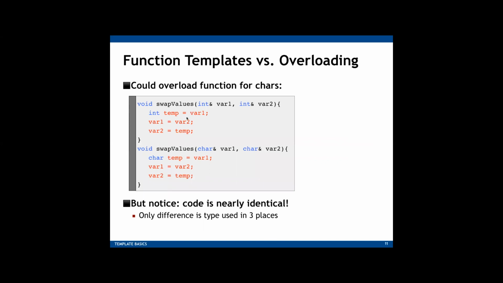If you look at these two overloaded functions, this function is dealing with int type arguments, and this function is dealing with character type arguments. We understand that it is good that we could use the swap values function for both int and character type values, as explained in the previous slide. That is the advantage of using function overloading.